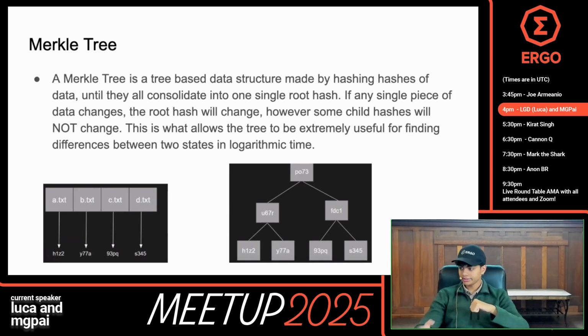So why this is really cool is because you can find differences between two states, meaning two different trees. So if you made any modifications, you can find the difference between them really fast, because think of it logically, right? If you have two pieces of data, what do you have to do? You have to iterate through them, right? One bit at a time, the smallest unit of difference.